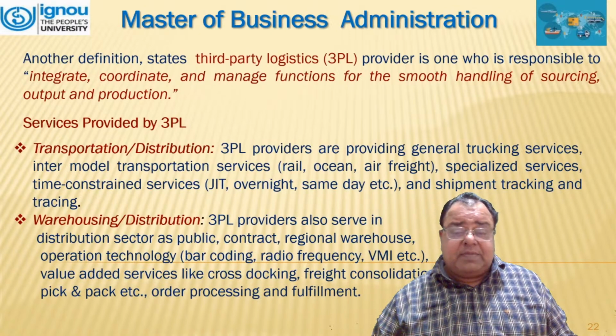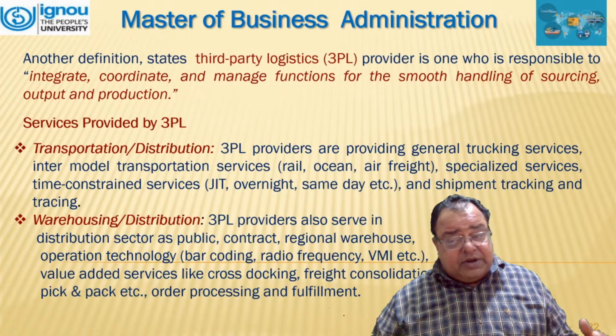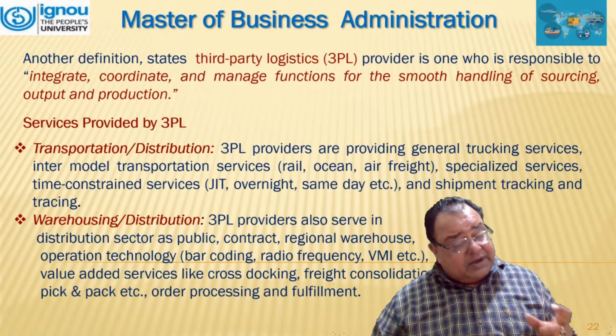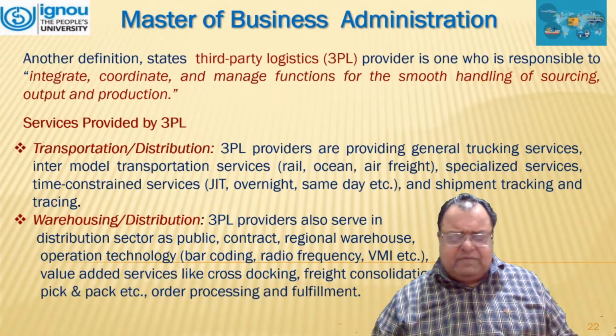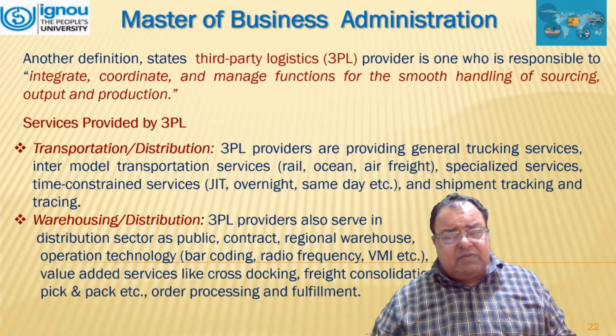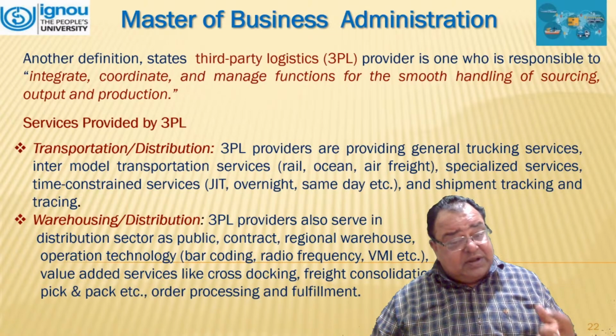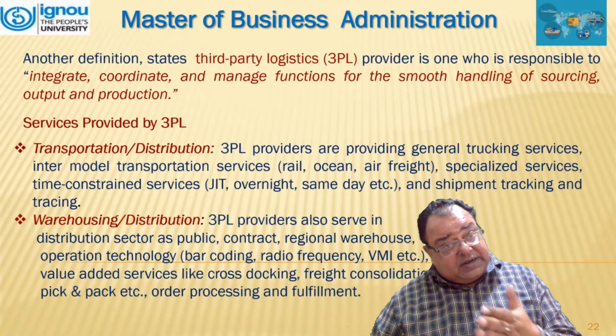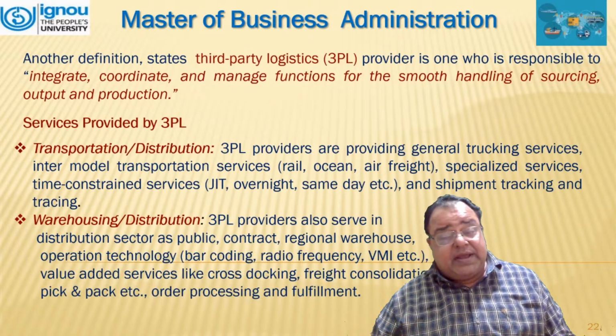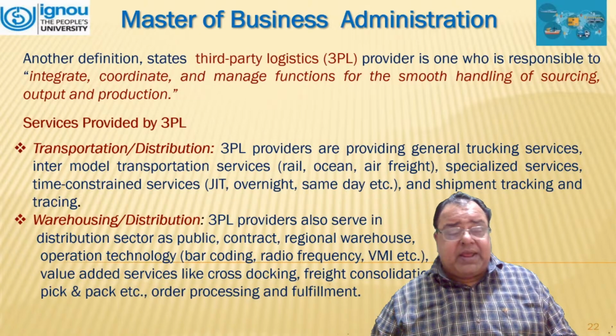3PL providers are providing general trucking services, intermodal transportation, that is rail, ocean, air freight, specialized services, time constraint services, which includes just overnight, same day, etc., and shipment tracking and tracing.